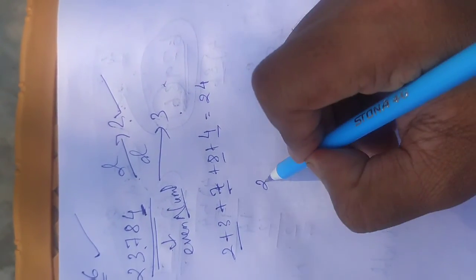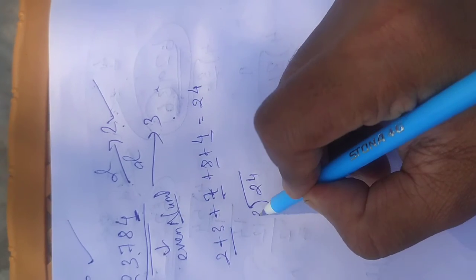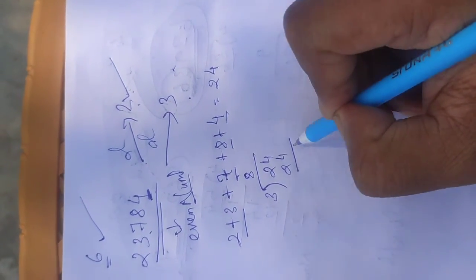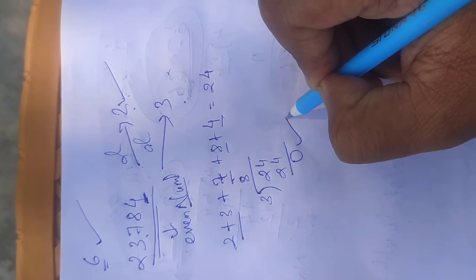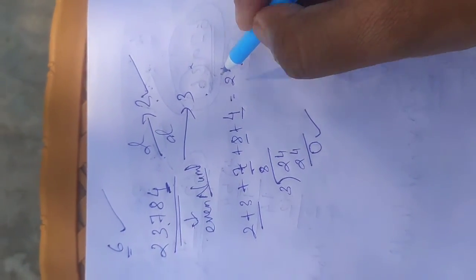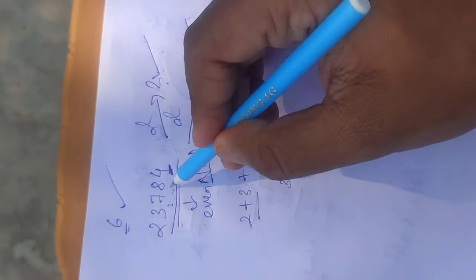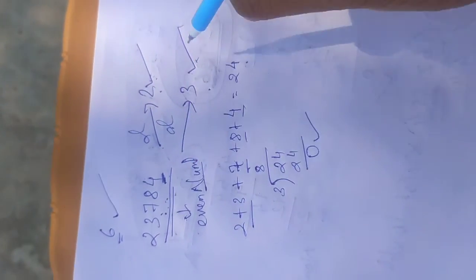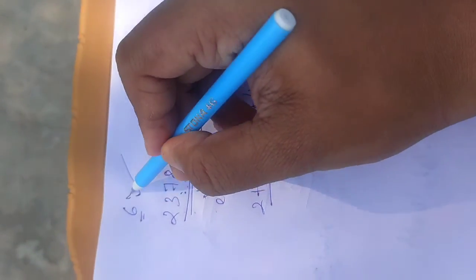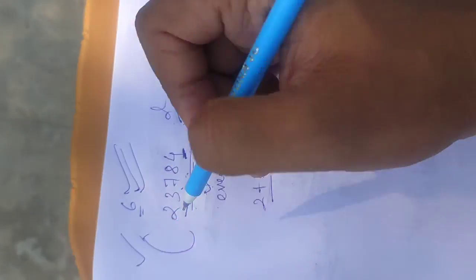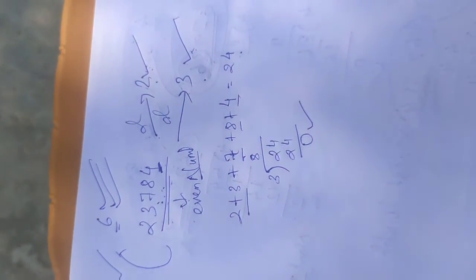Now divide this 24 by 3. 3 8s are 24. So we get remainder 0. Therefore, this is divisible by 3 also. This number is divisible by 2. This number is divisible by 3. Therefore, this number is divisible by 6.